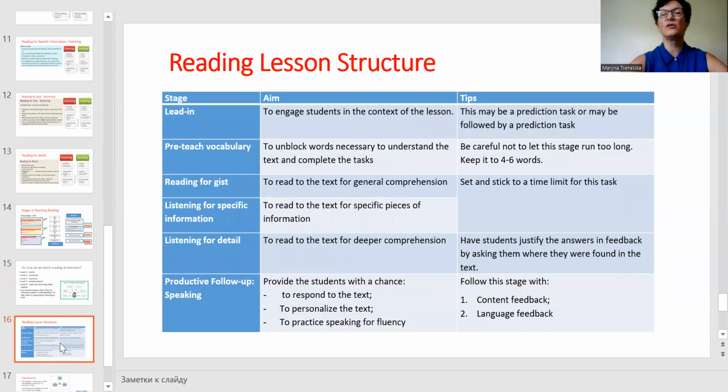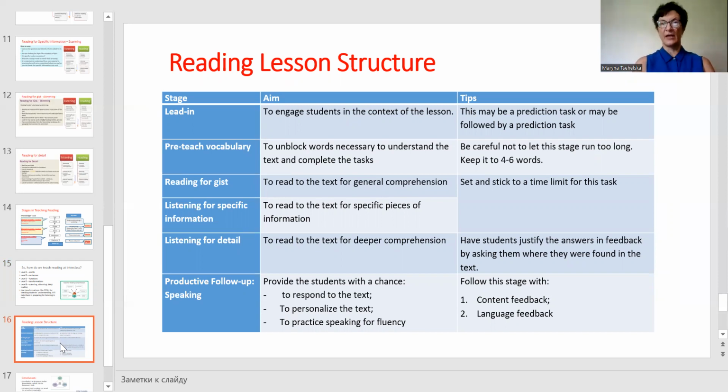The structure for any reading lesson will be as follows, and if you can compare it to the listening lesson, you'll see that it resembles it a lot. We'll do lead in to activate the schemata of our students.